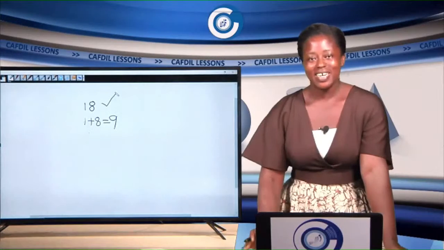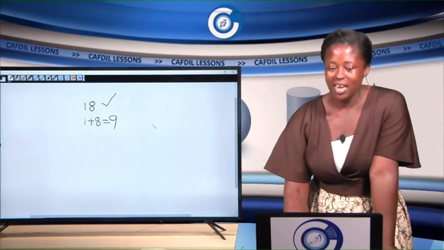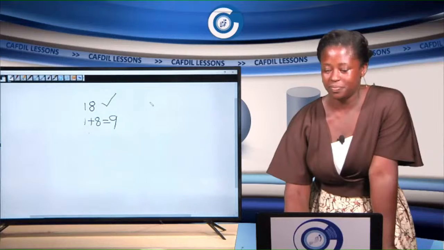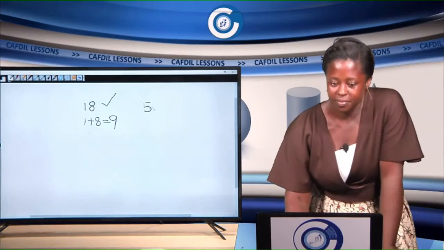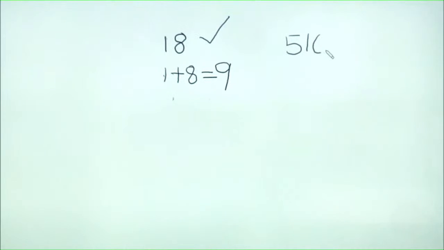Alright, another example. Let's look at this. We have 516. We want to check if this number is divisible by 9. Let's follow the rule.